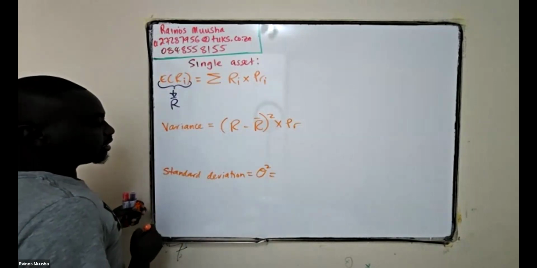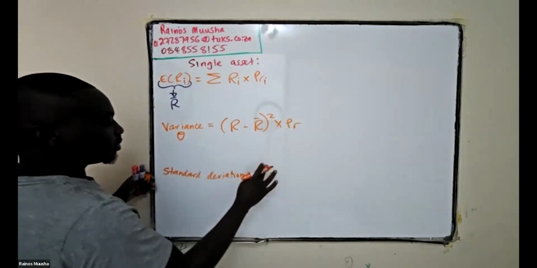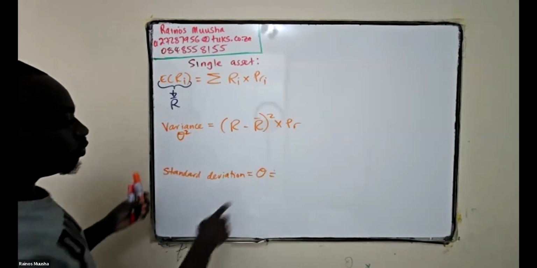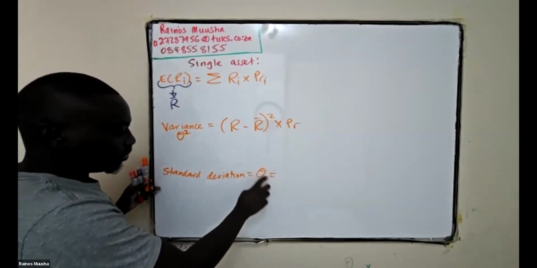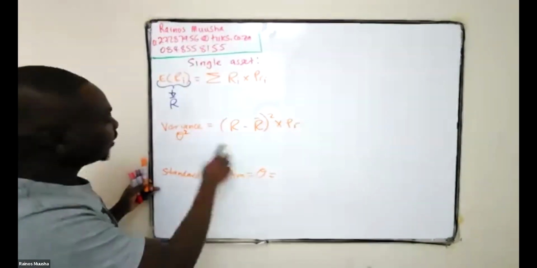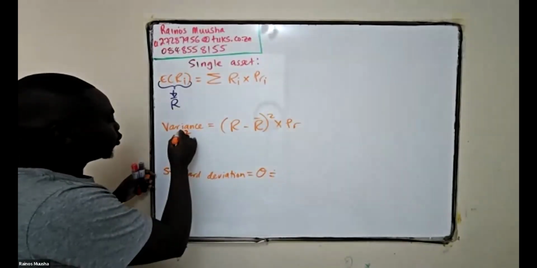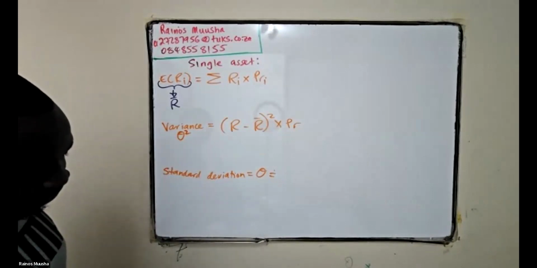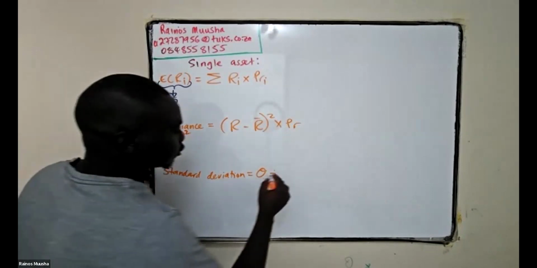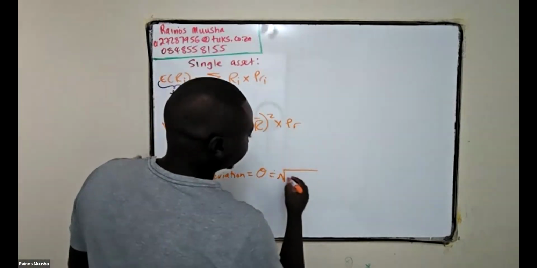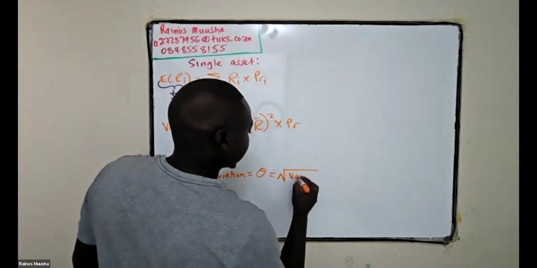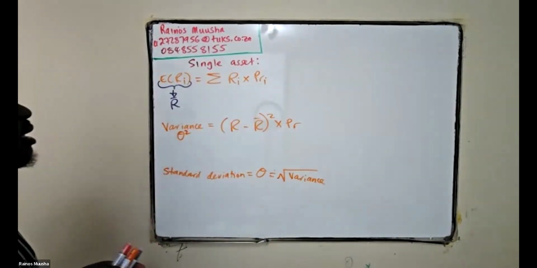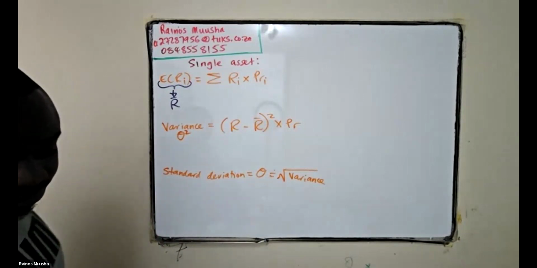This is the sign for the standard deviation, and this sign with the 2 on top represents the variance. Your standard deviation is simply the square root of the value that you got as the variance. And this is how you are able to determine standard deviation.